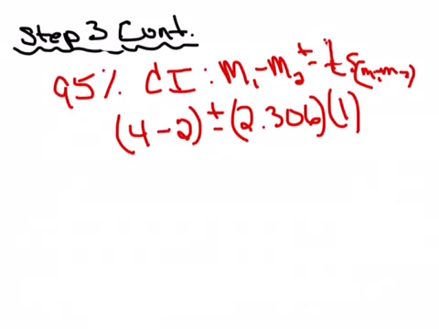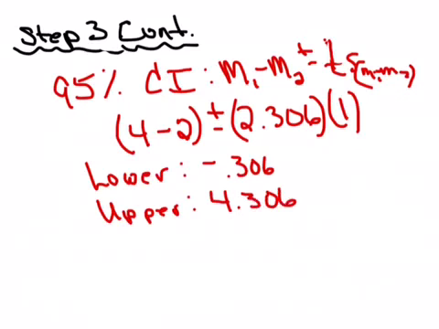So if we calculate these out, I'm going to get a lower boundary of negative 0.306. Then the upper, after calculating, I'm getting 4.306.